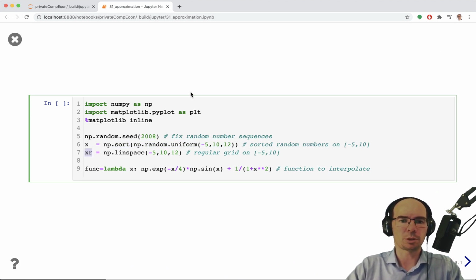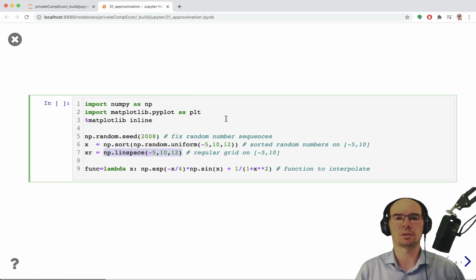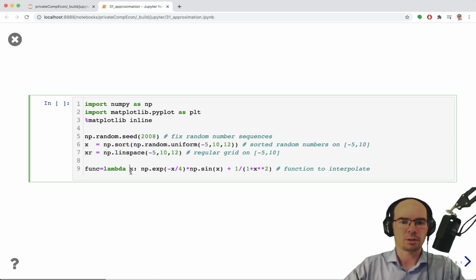And in parallel to that, I'll have a regular grid, which is called XR here, and this is just a linspace, right? So the 12 points distributed regularly at equal intervals between -5 and 10. And here's the function that we will work with throughout this video to try to interpolate.